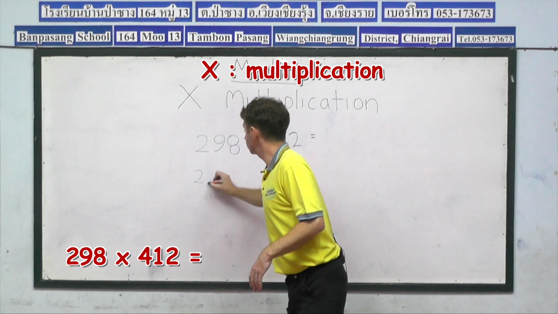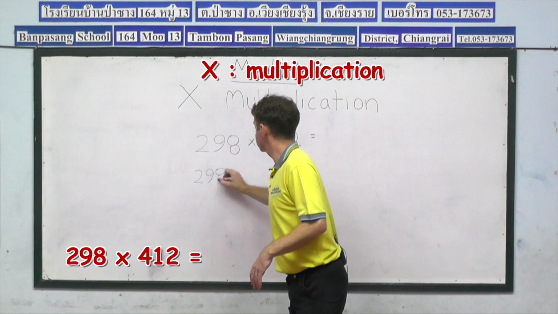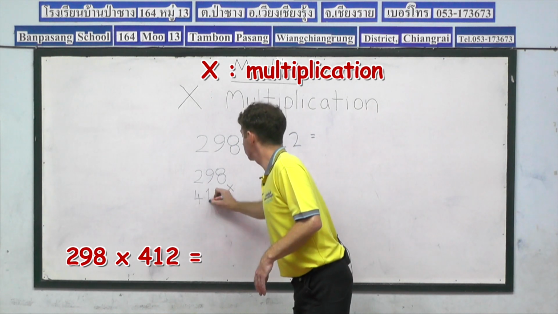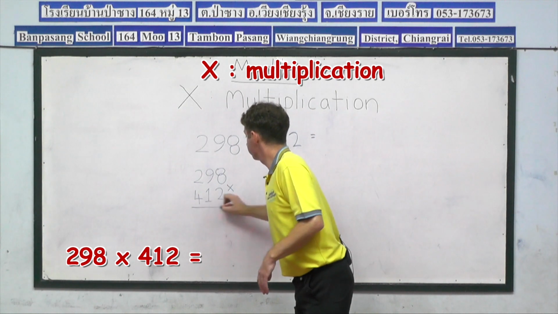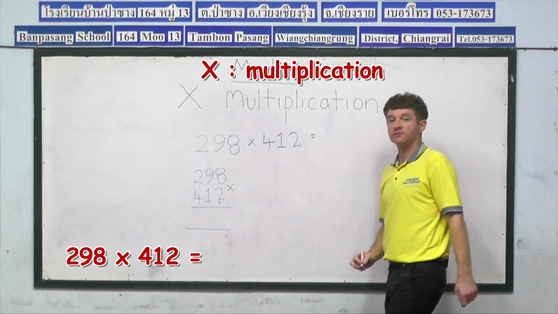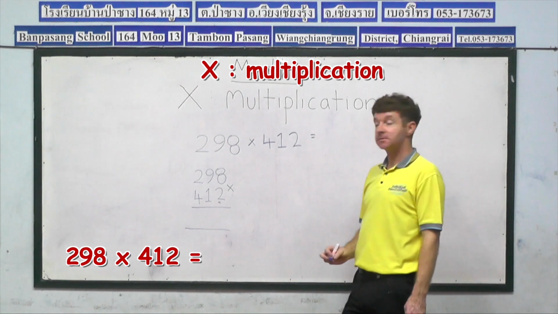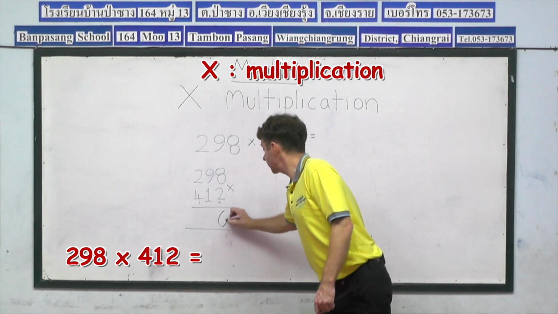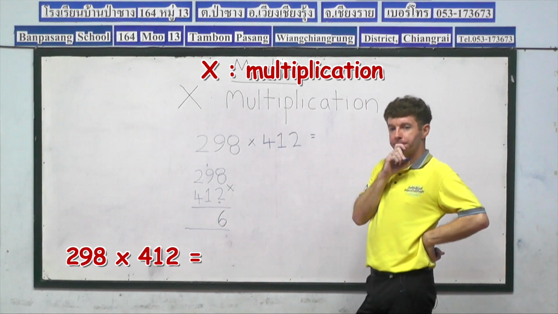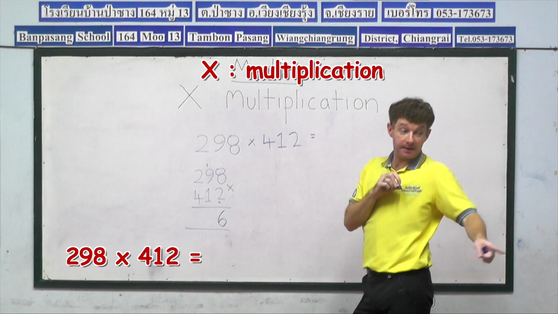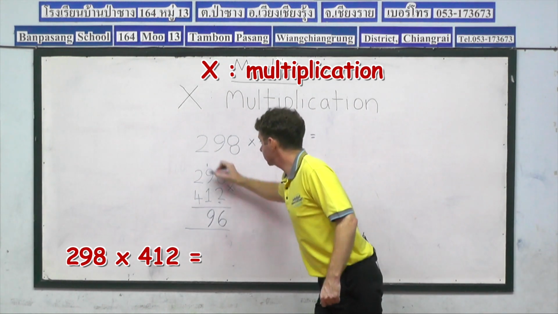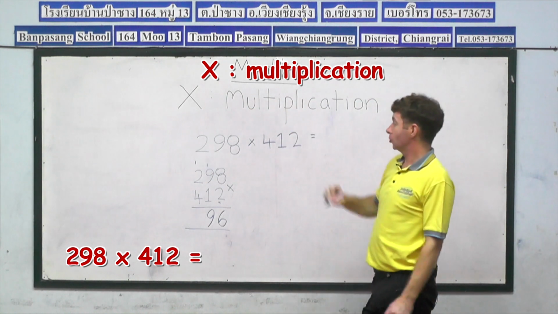So 298 times 412 equals. So we start with the ones column, as always. 2 times 8. So we write the 6, carry the 1. 2 times 9, 18 plus the 1 equals the 9, carry the 1. 2 times 2.